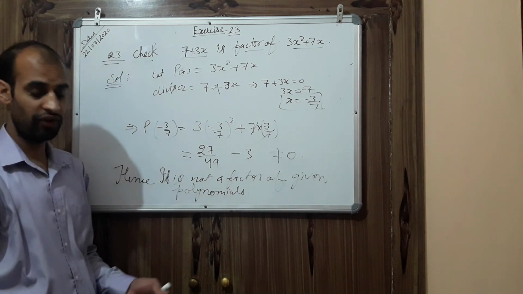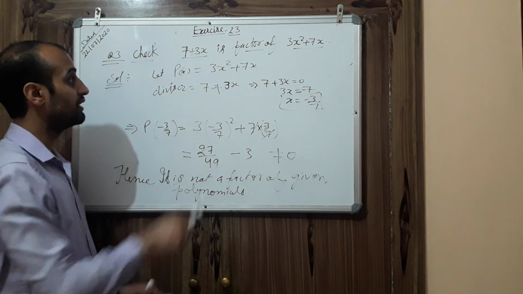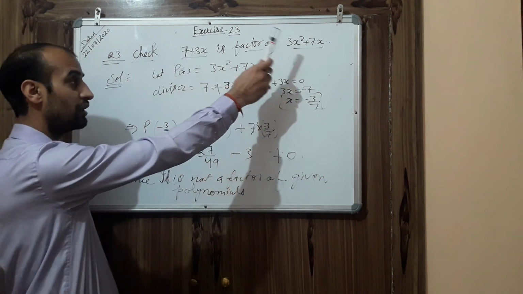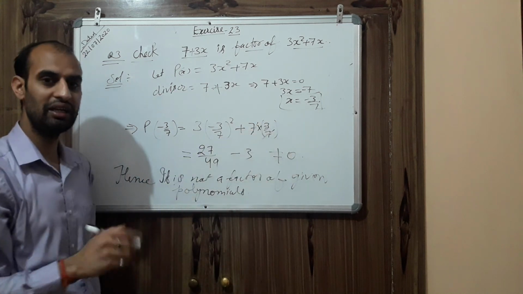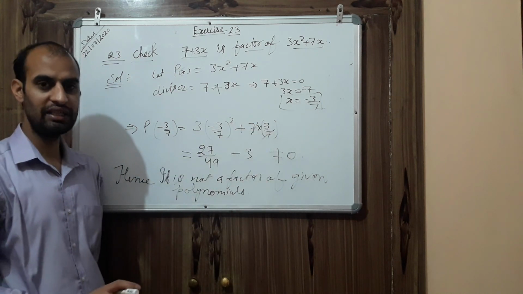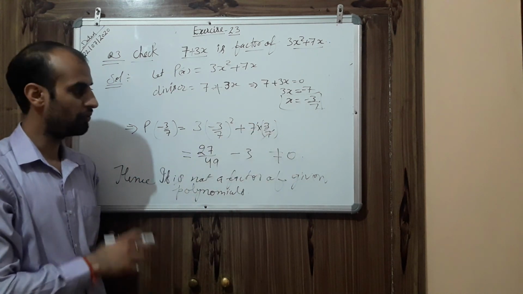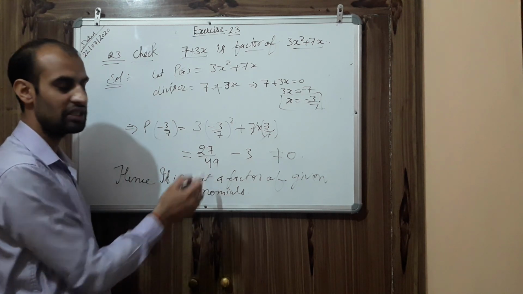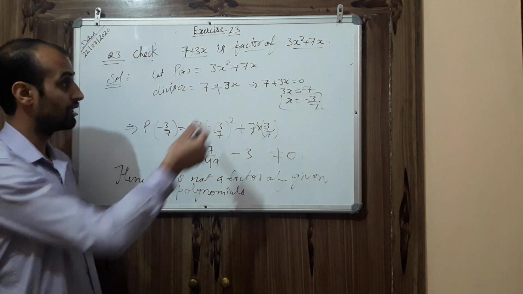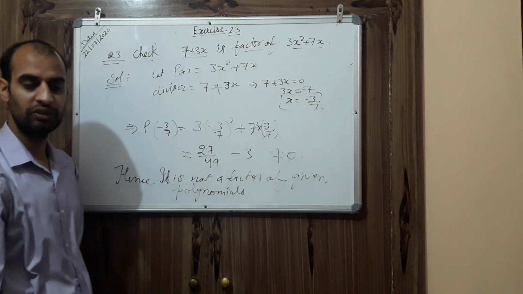So what I did, whenever it is asked whether this is a factor of this one, if after substituting the value from the divisor you are getting remainder equal to 0, then you can say it is a factor of the first one. But if the remainder is not equal to 0, that means it is not a factor of the given polynomial. So thank you so much.